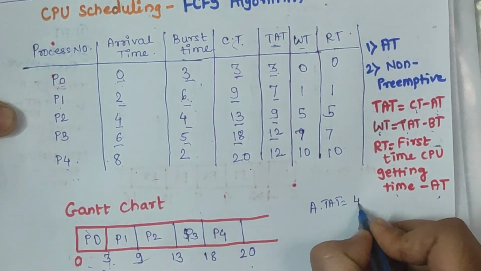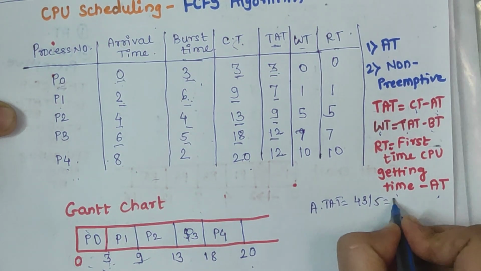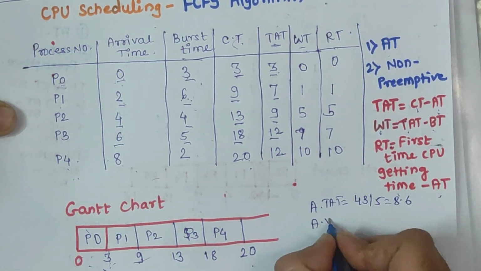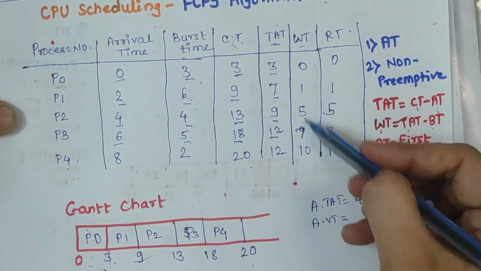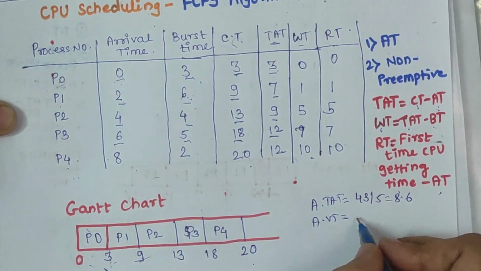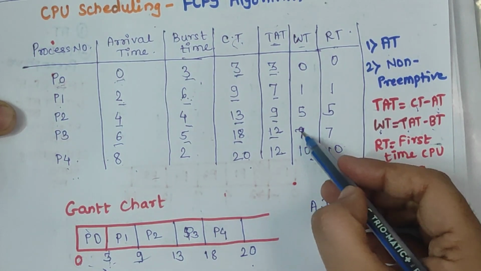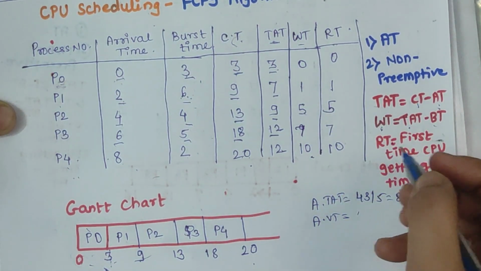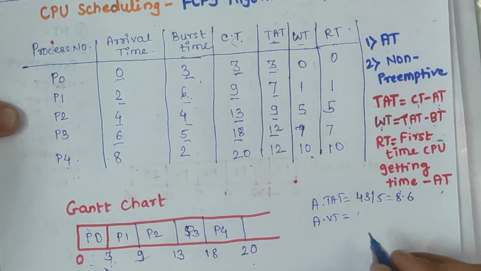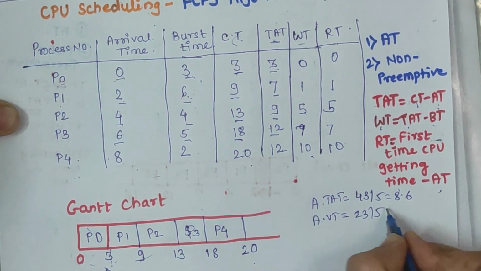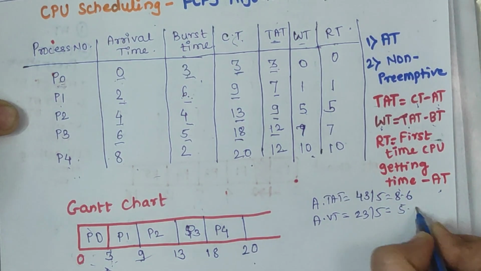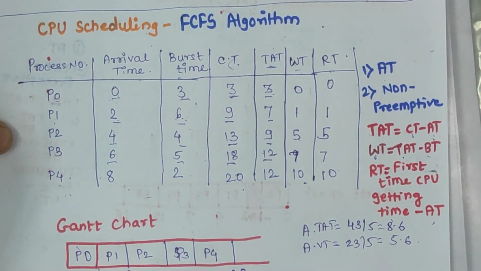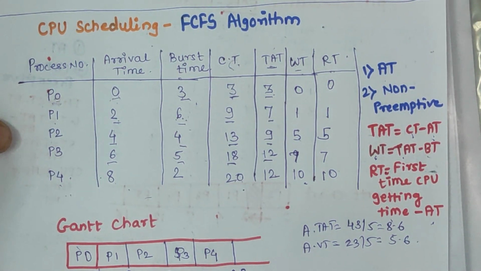So we will get 43 by 5, that is 8.6, and average waiting time will be calculated by adding all these 5 waiting times divided by 5, that is 17 plus 1 is 18 plus 5 that is 23 divided by 5, we are getting 5.6. So this is how you have to solve the problem of CPU scheduling using the first come first serve algorithm.